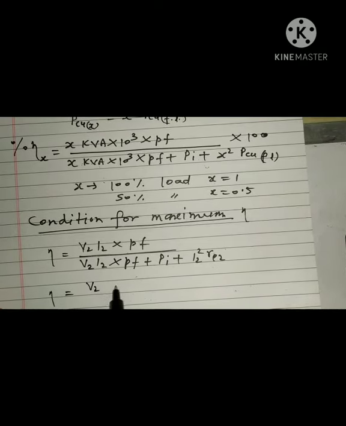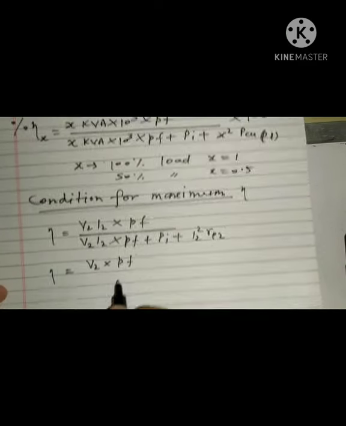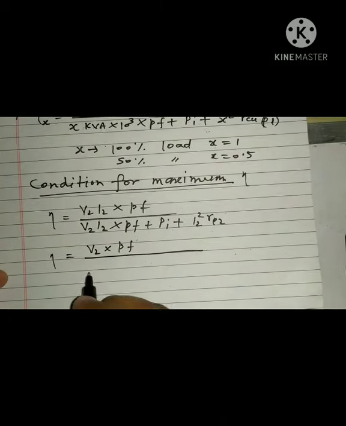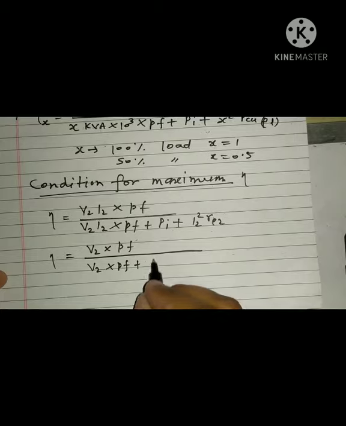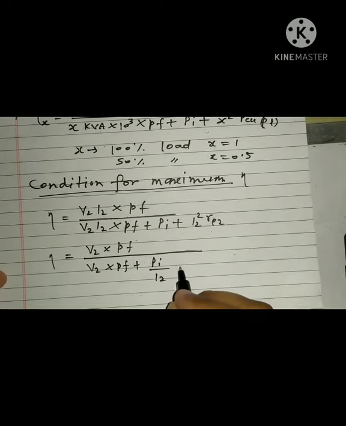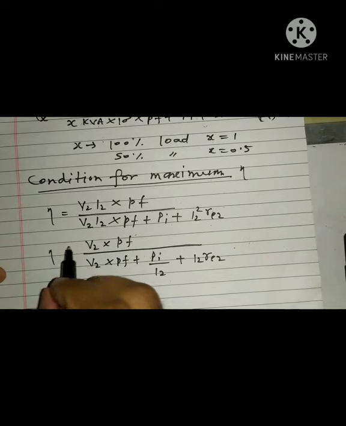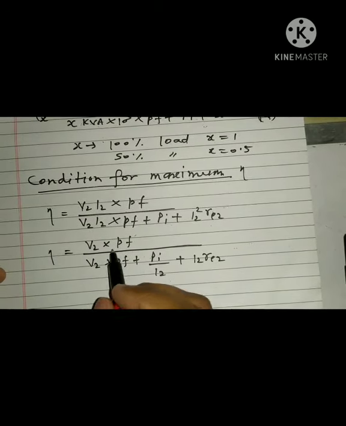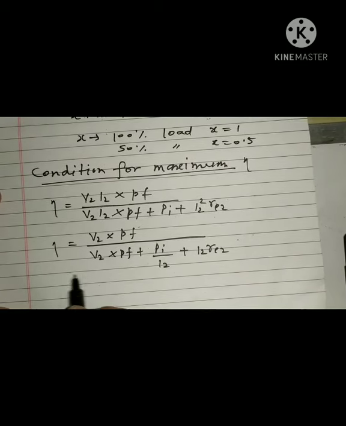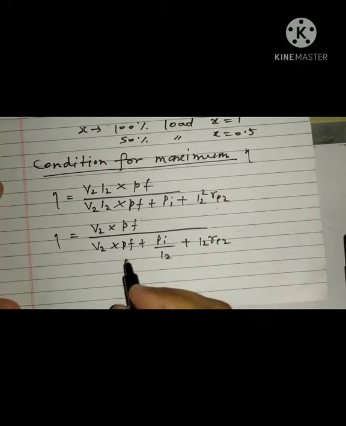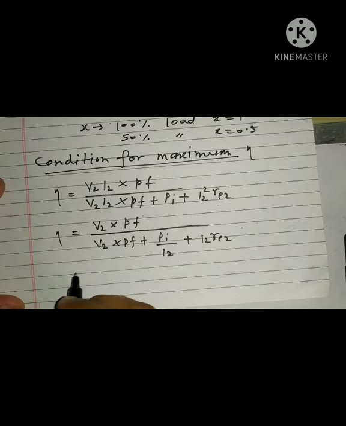It will be V2 into power factor divided by V2 into power factor plus iron loss by I2 plus I2 Re2. Now you can see numerator is free of variable, whereas denominator is having variable I2. So I will differentiate denominator only with respect to I2 to get condition for maximum efficiency.